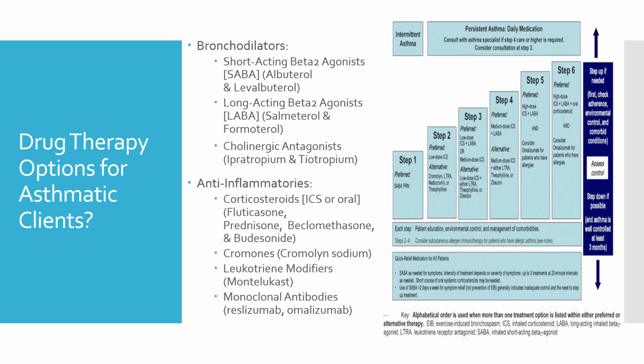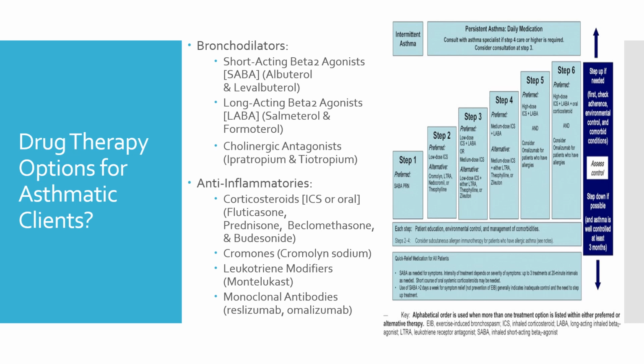This also suggests that anyone on step 2 through 4 should consider allergen immunotherapy treatment as well as drug therapy. But as you can see, we start initially with a low dose inhaled corticosteroid. That's what ICS stands for. This is going to be our preventative, and then we'll add in a bronchodilator for our exacerbatory immediate relief medications.